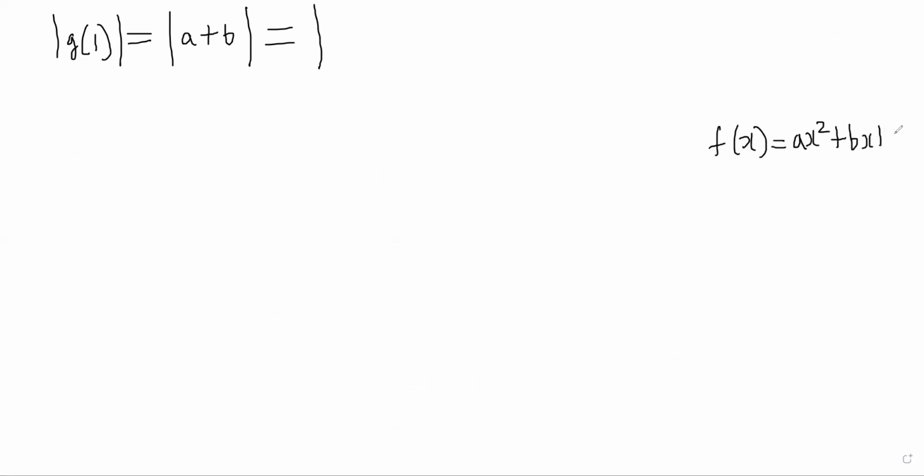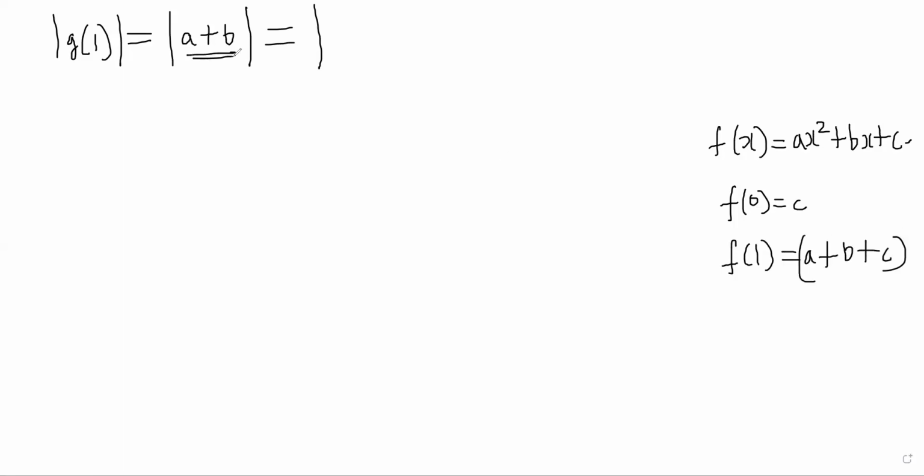So mod of g of 1 is equal to mod of a plus b, and we know that keep in mind your function was a x square plus b x plus c, and in this function we know that f of 0 is c and f of 1 is a plus b plus c, right?